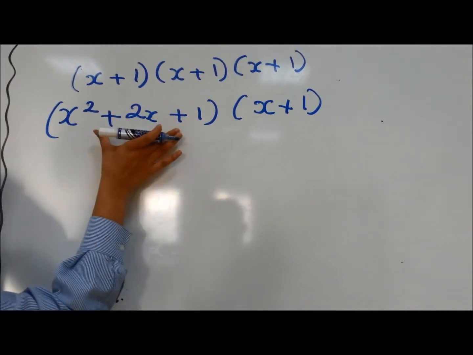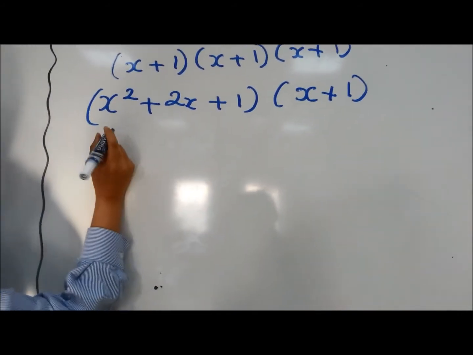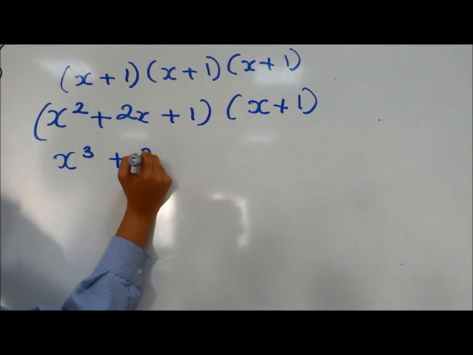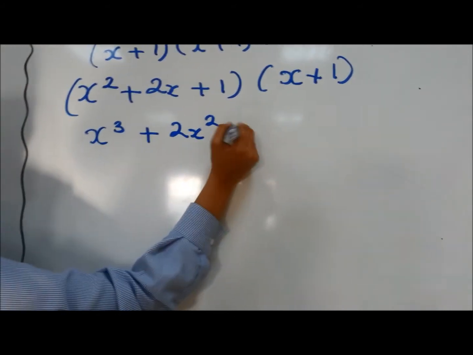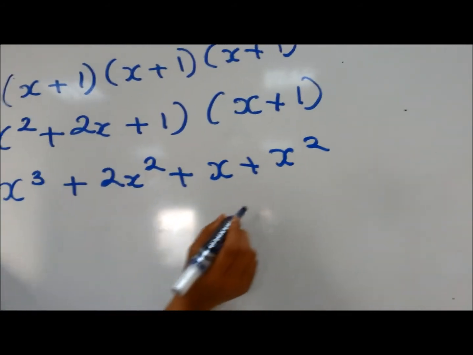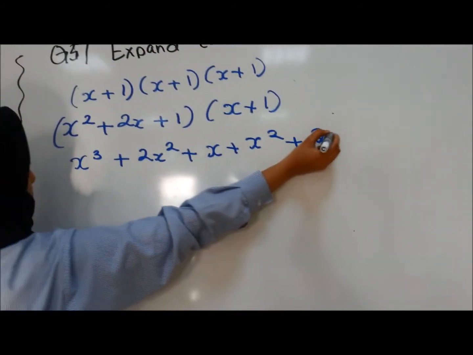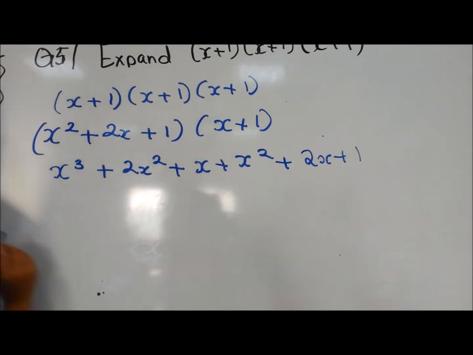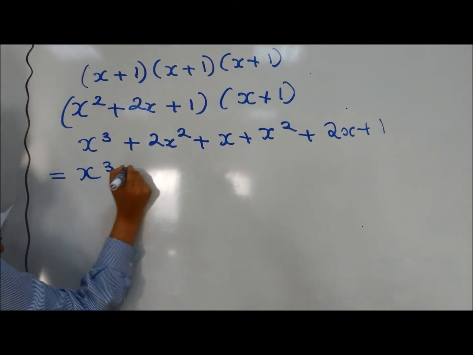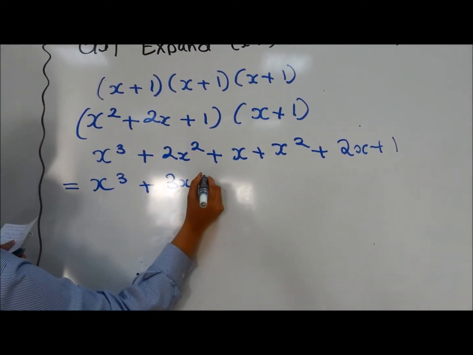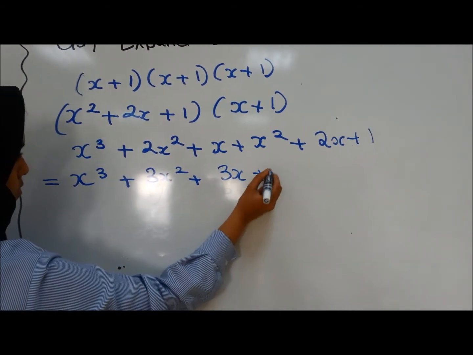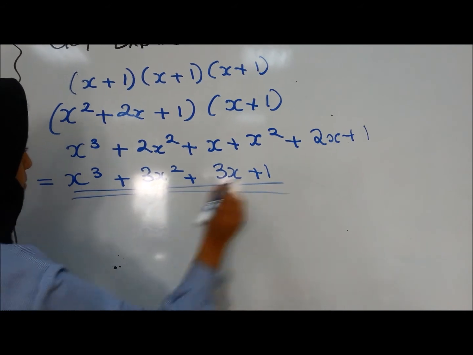Then we should multiply these terms by this one, and we'll get, we'll just simplify it by adding the like terms. And this is the final answer.